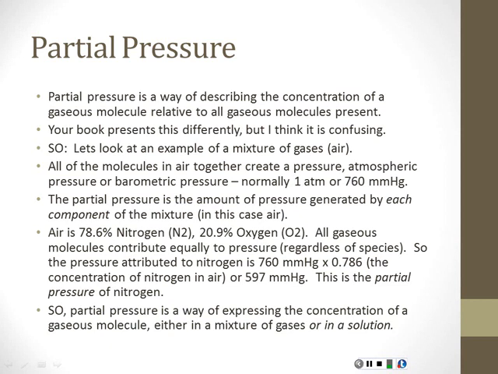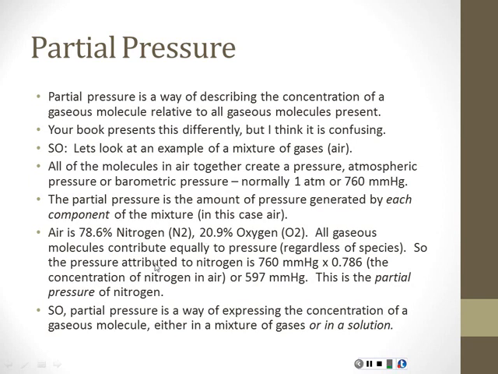So for example, the partial pressure of nitrogen: we take nitrogen at 78.6%, multiply that by the total 760, and we get the pressure contributed by nitrogen. That's 597 millimeters of mercury. The numbers are not important here, it's the idea. This is the partial pressure of nitrogen, the amount of the total pressure that is being created by just the nitrogen part of this mixture.